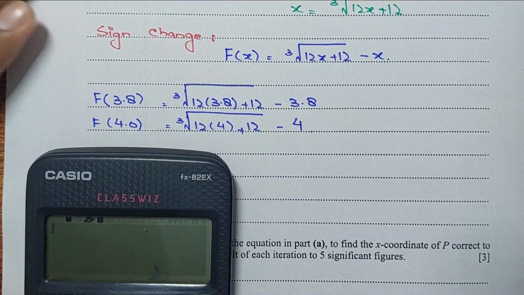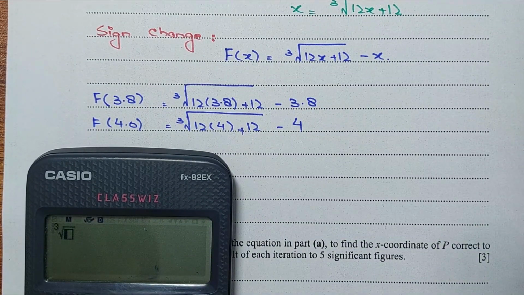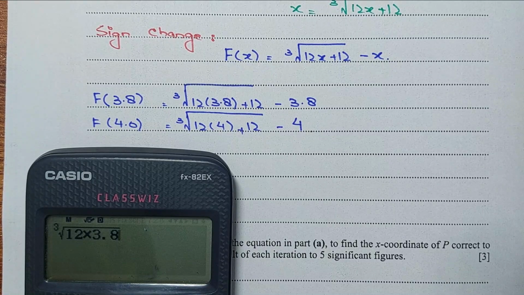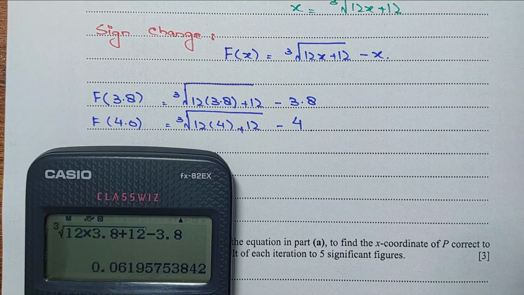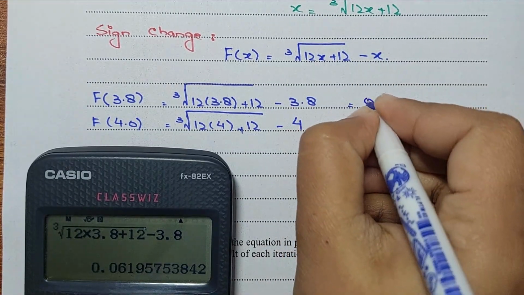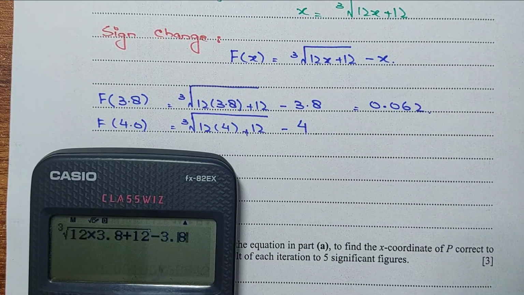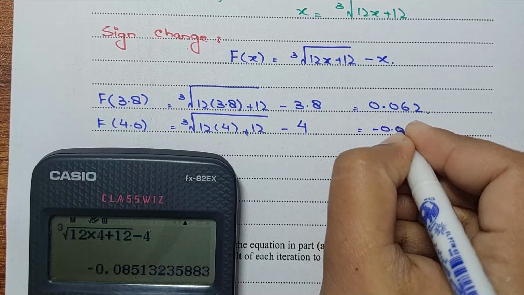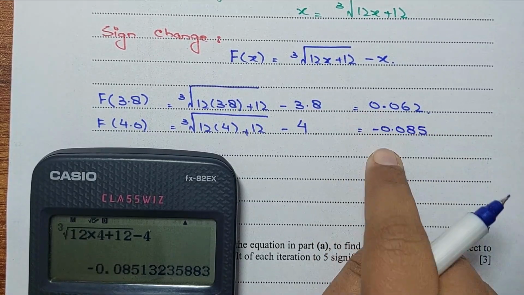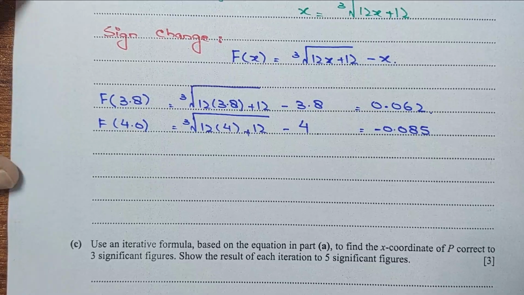The cube root of 12 times 3.8 plus 12 minus 3.8 is 0.062, and the other value is negative 0.085. So one is positive, the other one is negative, so there is a sign change.